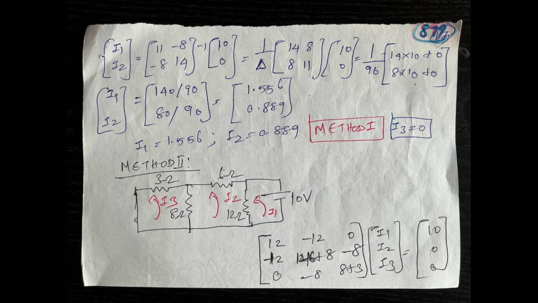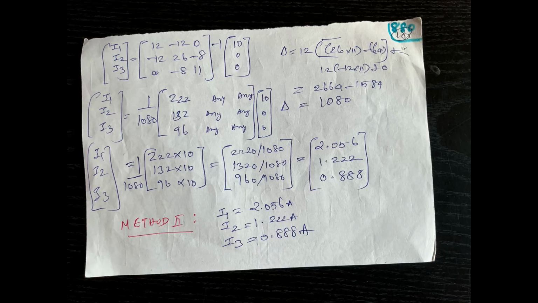The 10 volt supply is in mesh 1. Considering the I1 direction, the left side is minus and the right side is plus, so put plus 10. The other entries are 0, 0 voltages. We obtain a 3 by 3 matrix and take its inverse. A inverse is 1 divided by the determinant of A times the cofactor matrix. The determinant value is 1080.